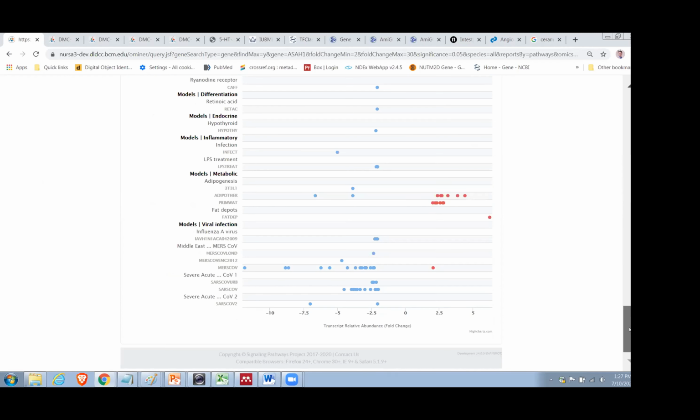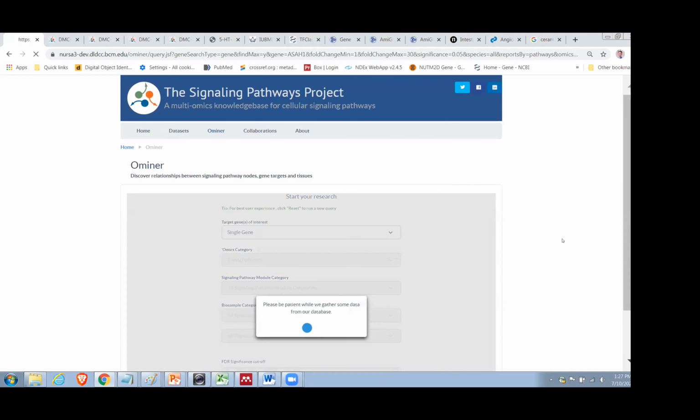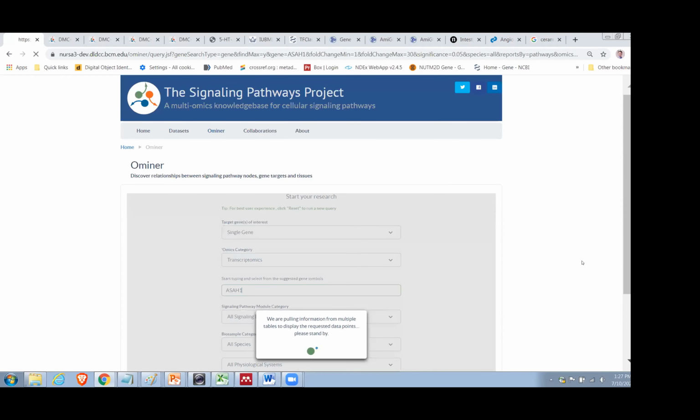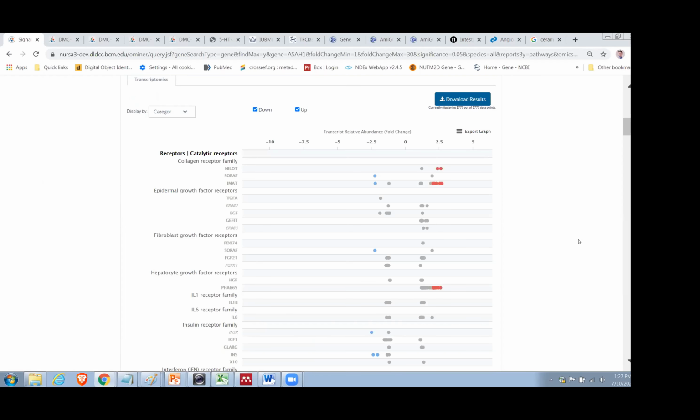So we have a bunch of recent RNA-seq data sets that have looked at the impact of SARS-CoV-2 on expression within the lung epithelium, and hopefully this query will run. There we go.